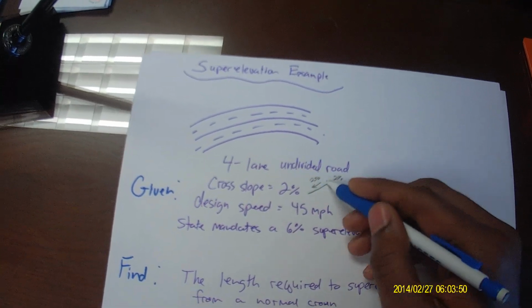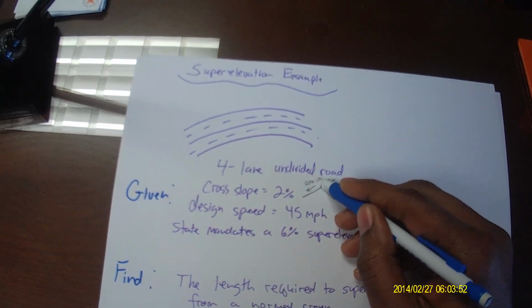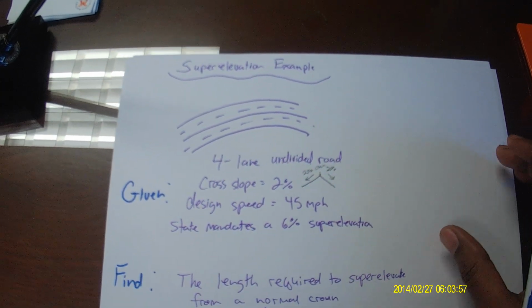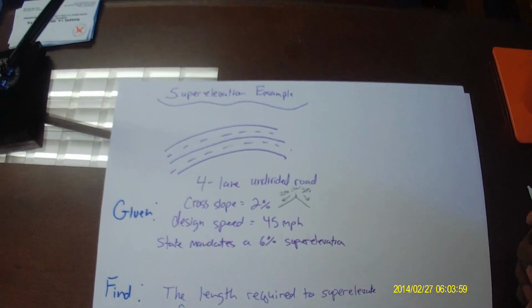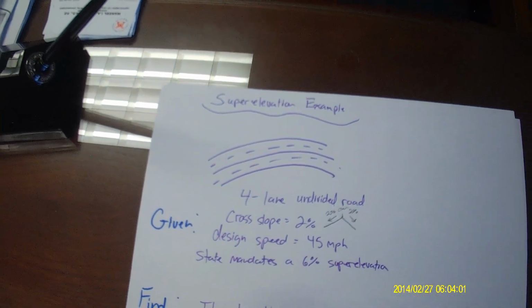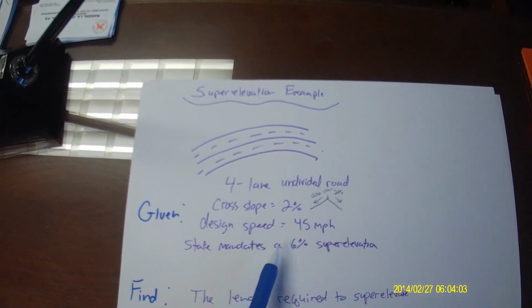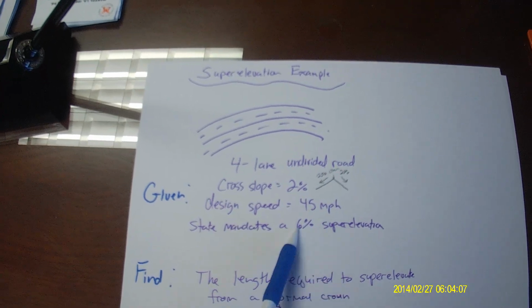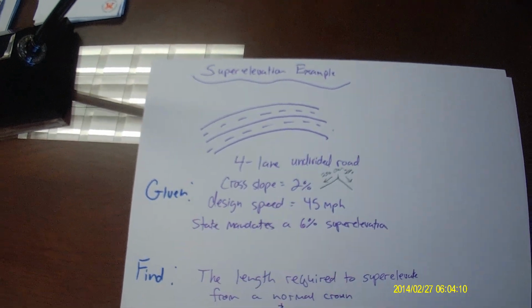Of course, that's our crown there. The design speed is equal to 45 miles per hour. That's been given as well. And the state mandates that on this road you need 6% super elevation. So that's been given.